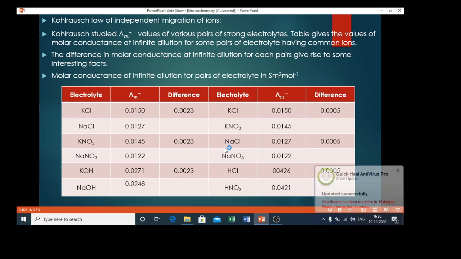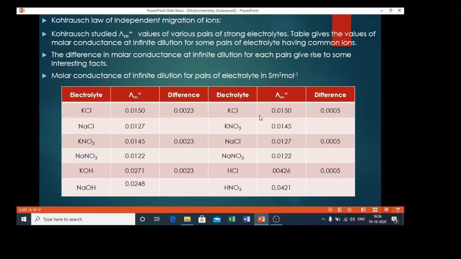In the second pair, the example is sodium chloride and sodium nitrate. Here the cations are common, the anions are different. In the third pair, the example is hydrochloric acid and nitric acid. Here H⁺ is common, that is, cations are the same and anions are different.